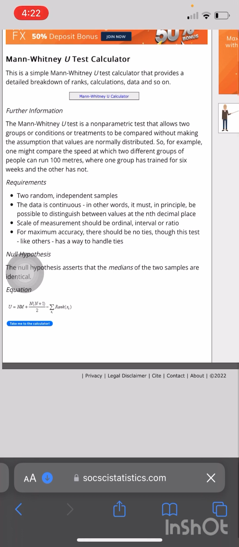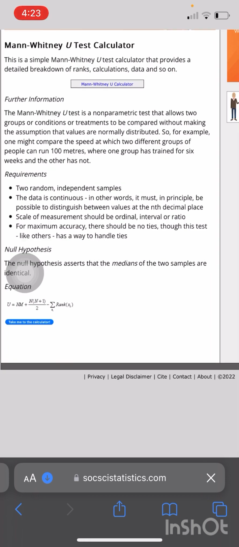The data is continuous. In other words, it must, in principle, be possible to distinguish between values at the nth decimal place. Scale of measurement should be ordinal, interval, or ratio. For maximum accuracy, there should be no ties, though this test, like others, has a way to handle ties.